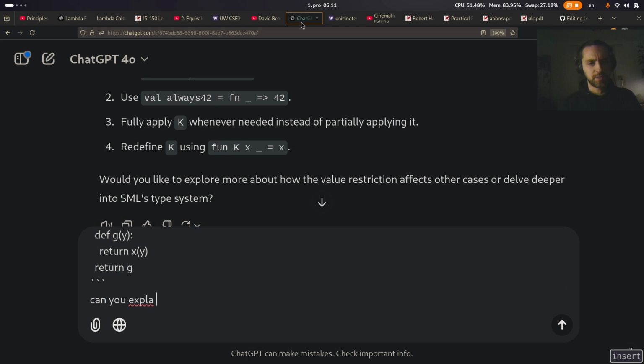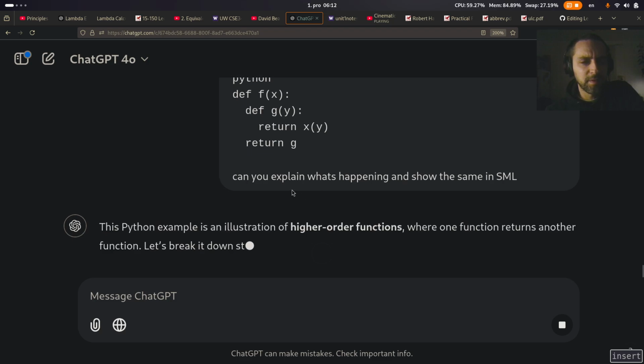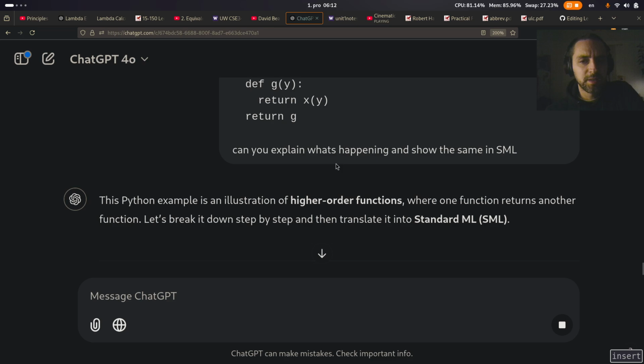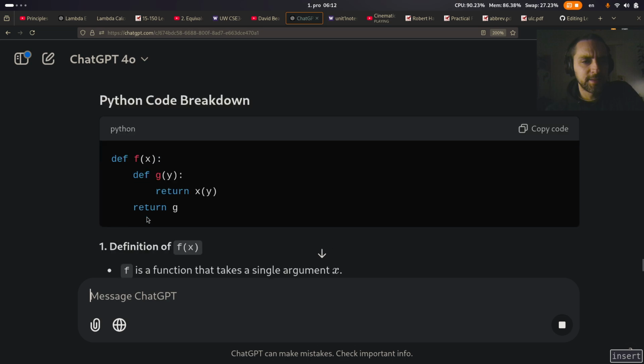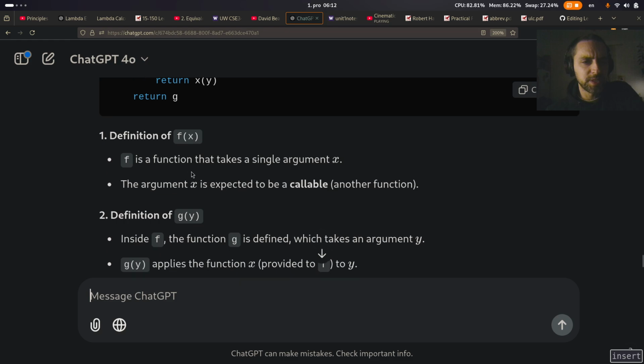Can you explain what's happening and show the same in SML? Yeah, that was kind of higher order functions. He's using where one function returns another function. Def f of x, def g of y, return x of y, return g.